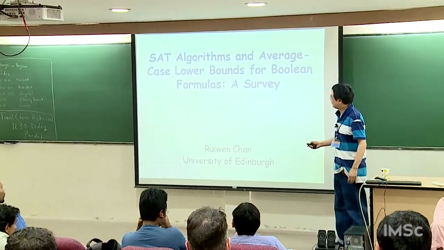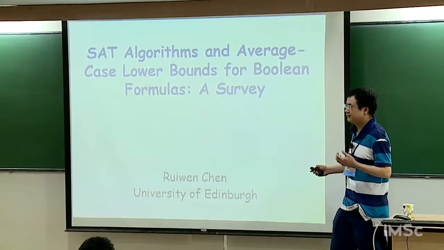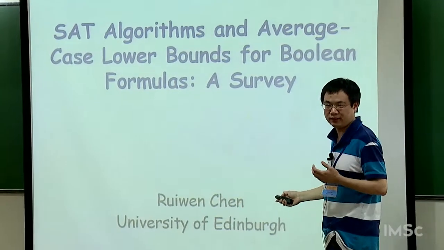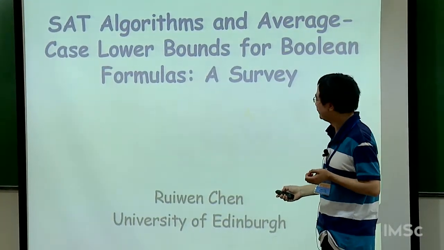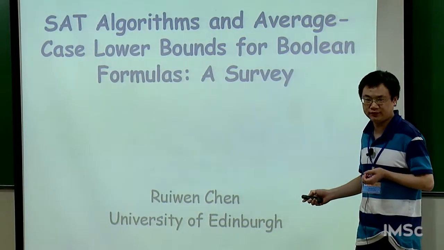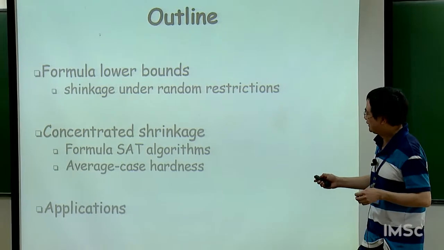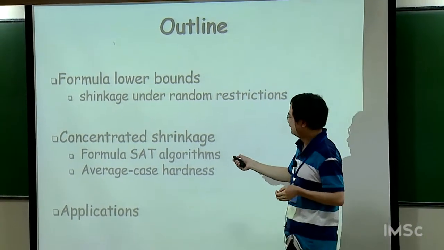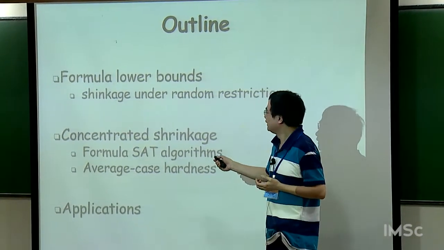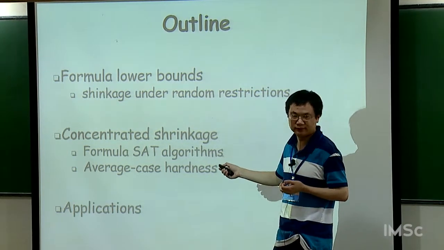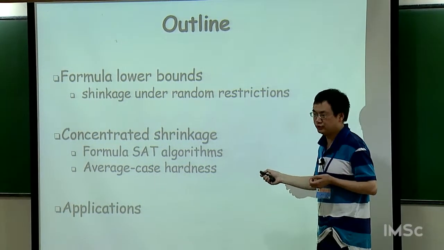So in this talk, I will give a short, quick survey on some simple techniques that can be applied to design satisfiability algorithms and also prove average case lower bounds for formulas. As a beginning, I will have a short review on the traditional techniques for proving formula size lower bounds, namely shrinkage and random restrictions.